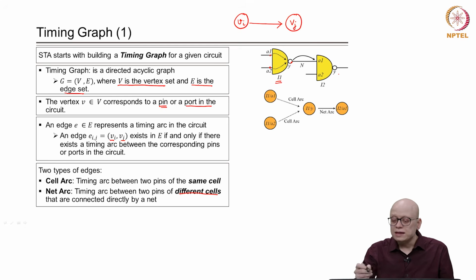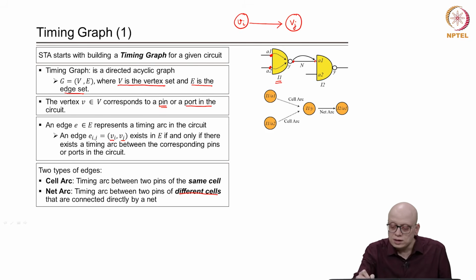So, in this figure I am showing just these four vertices: first vertex, second vertex, third vertex and the fourth vertex.